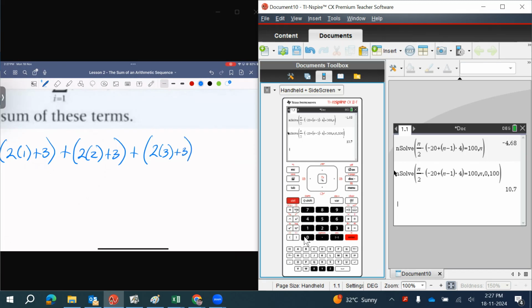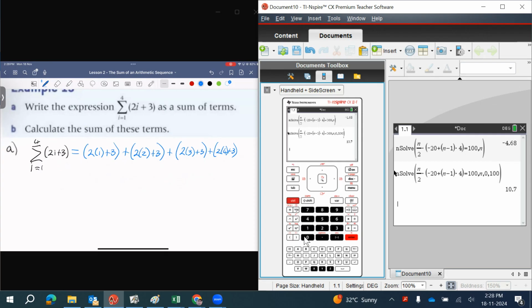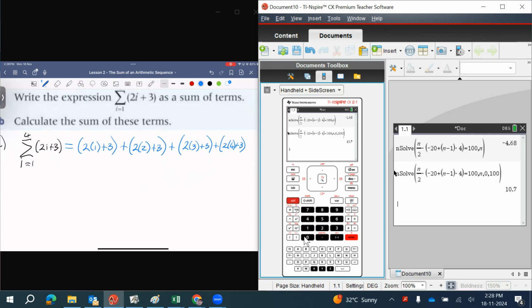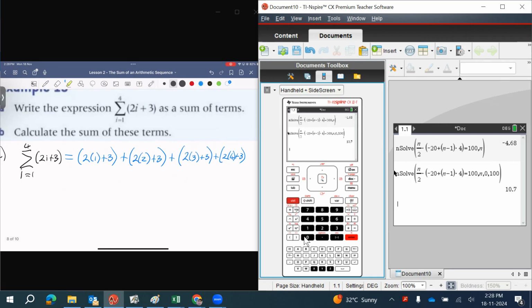And the next term? Are there any more terms in the sequence? No. Why not? Because we have this 4 at the top that tells us when to stop.